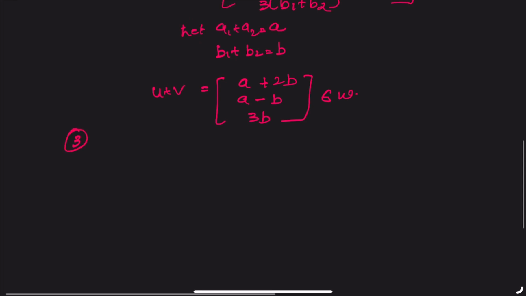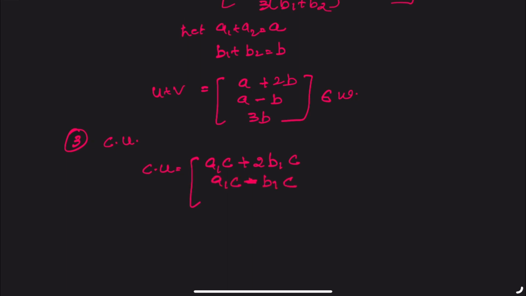Now the third condition is scalar multiplication, c times u. c times u is equal to (a1c plus 2b1c, a1c minus b1c, 3b1c). Now let a be equal to a1c and b be equal to b1c.